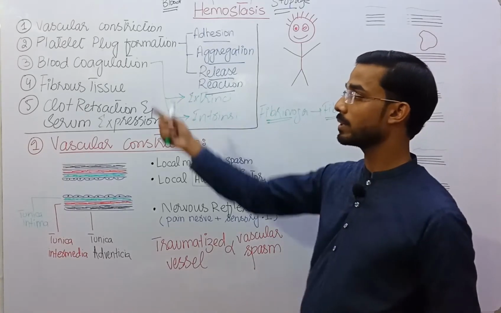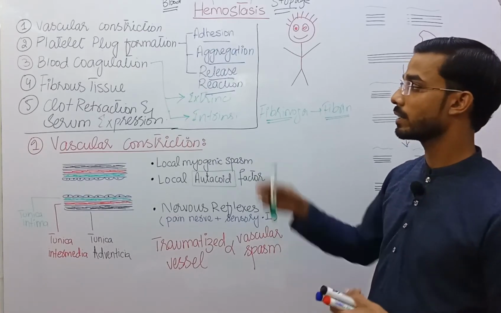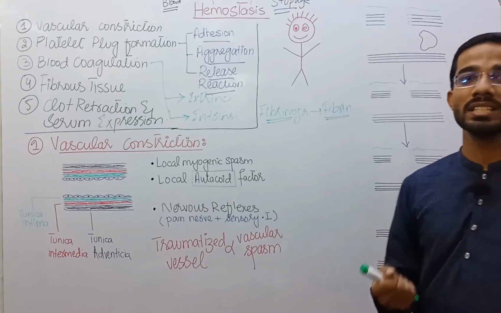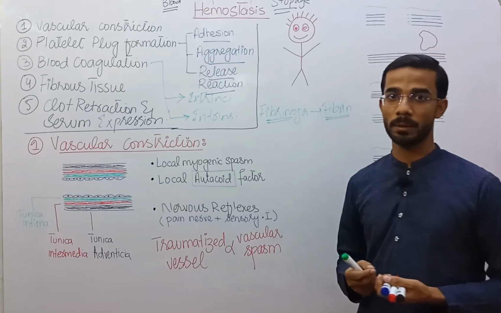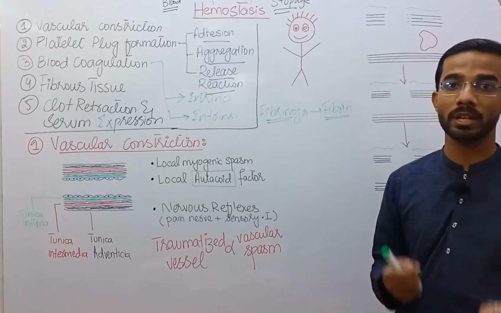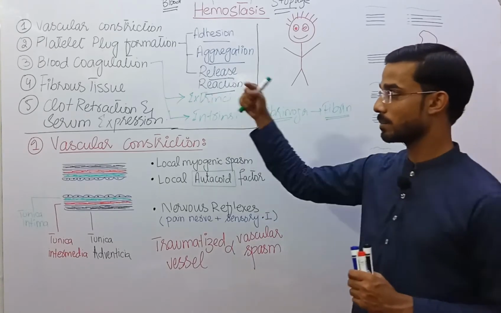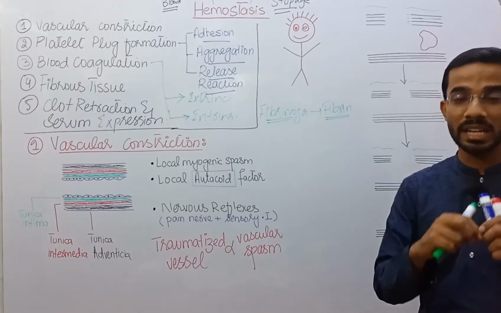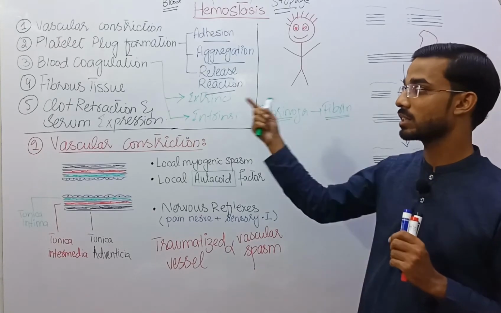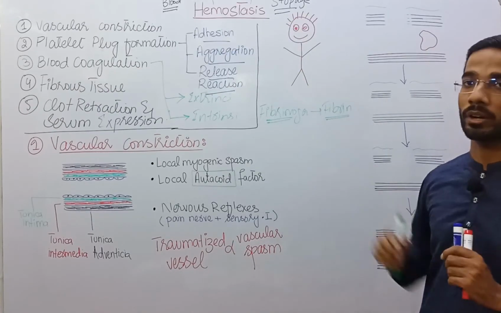Then the injured area converts into fibrous tissue, and then the clot retracts. This is something you see in daily life: when a wound occurs, after repair the skin contracts over the wound. Sometimes a liquid comes out after the filling of the fluid, which is actually the serum. One by one we will discuss it in more detail.